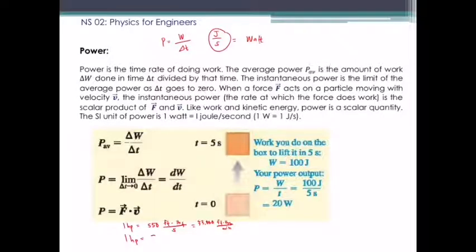That is 746. So I hope you remember this one.